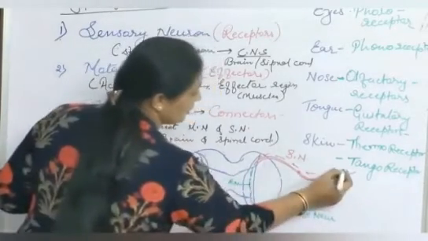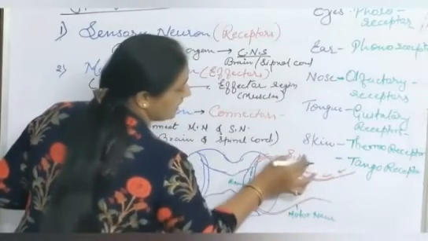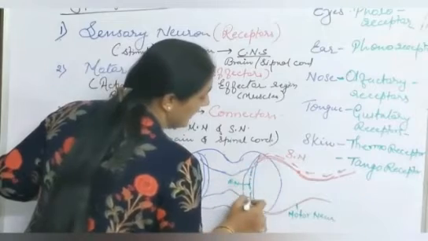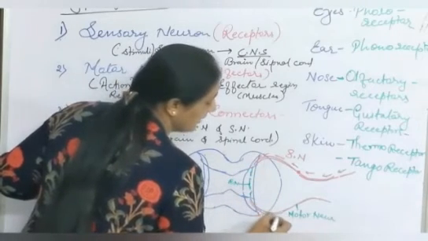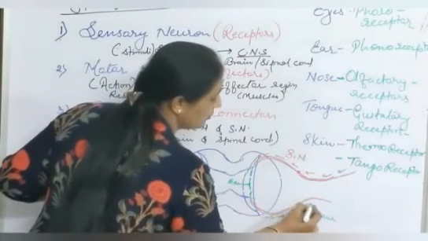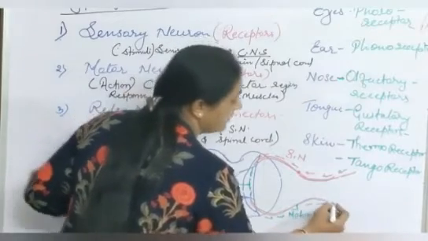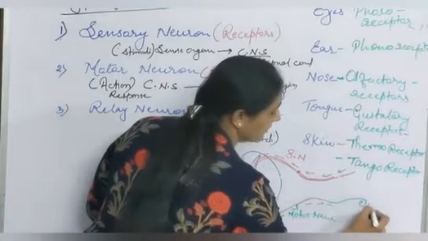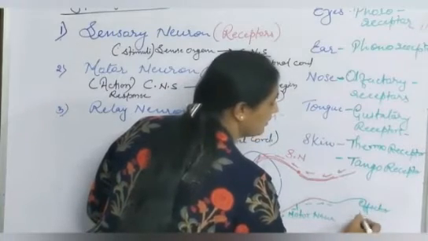Whatever information or stimuli comes from the sensory neuron, or receptor, via the relay neuron, the response goes to the motor neuron, and the motor neuron carries it up to the effector region or effector muscles.